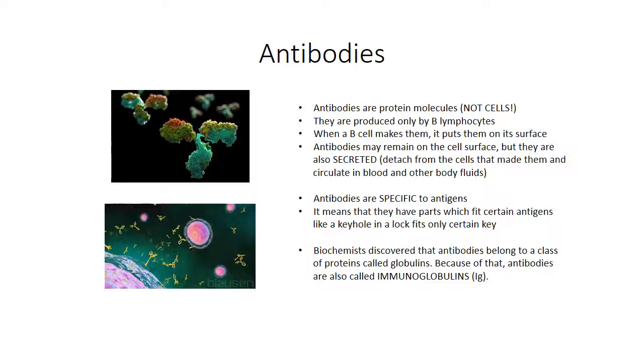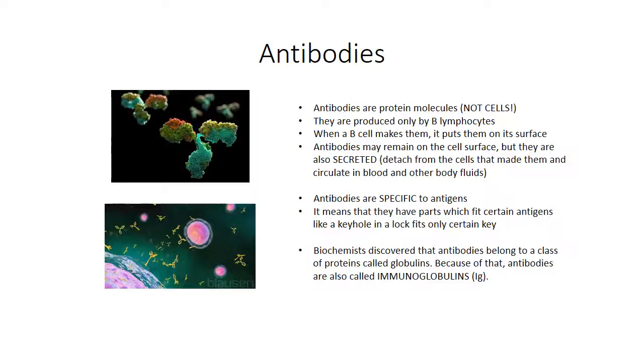And on previous slides, you saw a B lymphocyte with an antibody molecule sticking out like an antenna. But these molecules can also be secreted. You see, in this picture below, there are antibody molecules that are just floating. They're not attached to any cell. So the B cell detached them from the surface and they now can circulate in blood, in other body fluids. There are antibodies, for example, in sweat.